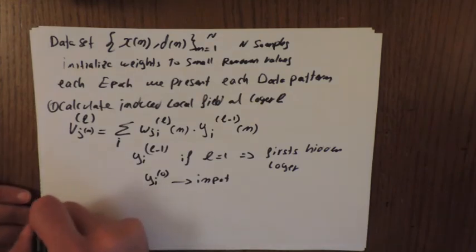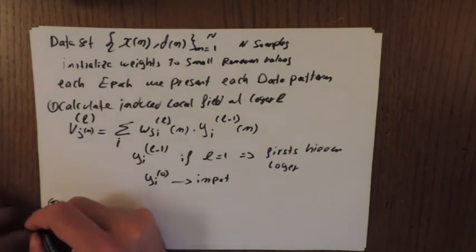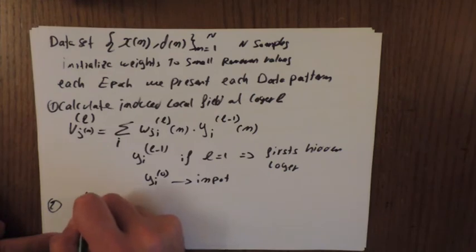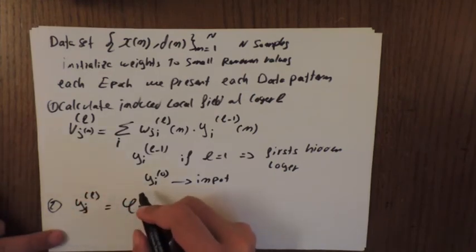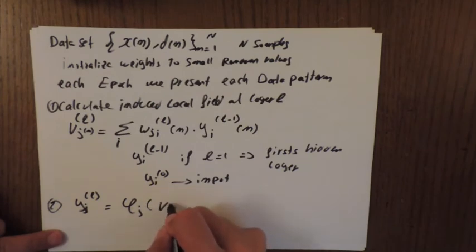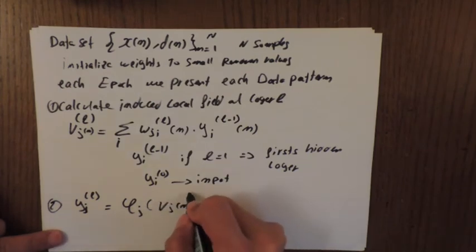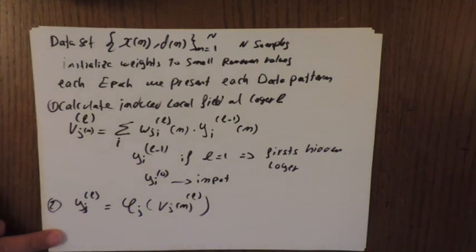Then we compute the sigmoidal function, and we have yj of L is equal to phi j of vj of n, of course, of the same layer.